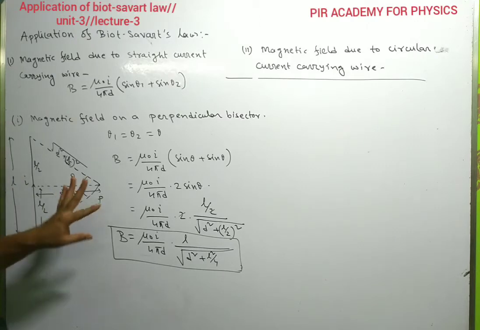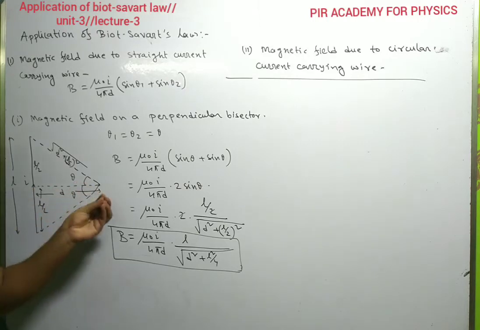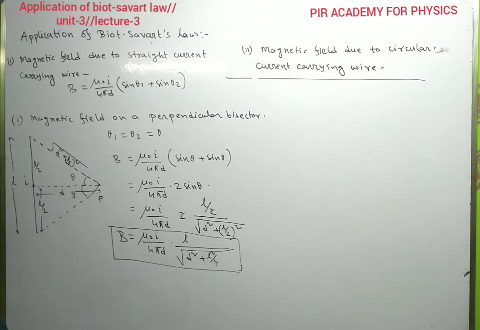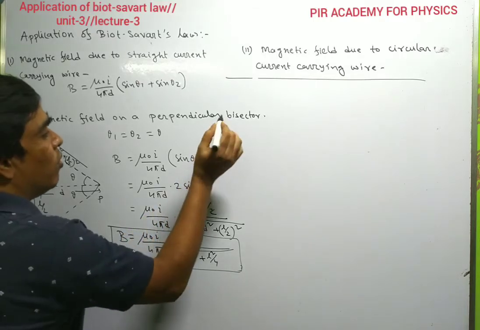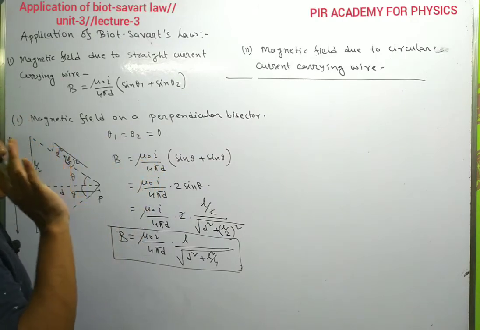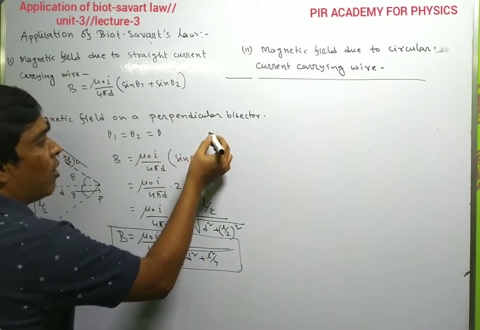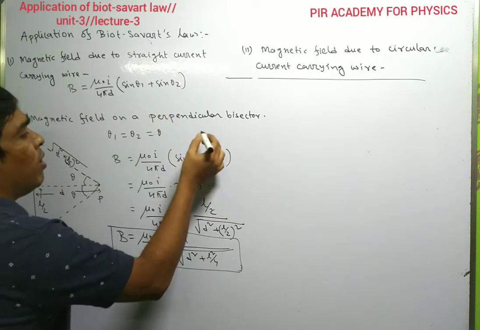Okay, so here I will discuss only the magnitude of magnetic field. Now if you want the direction, then how to calculate direction? You have to use the vector product. What was the formula of Biot-Savart law?